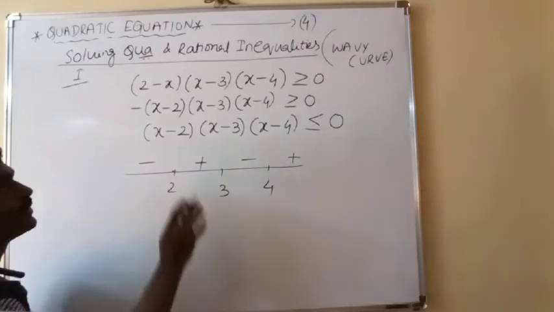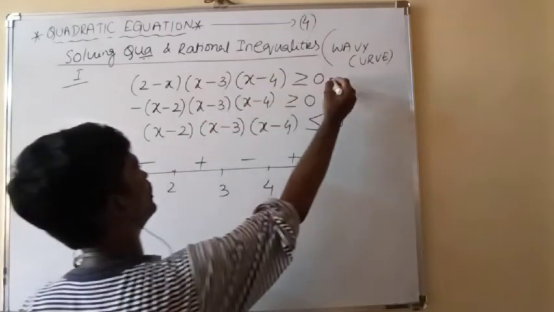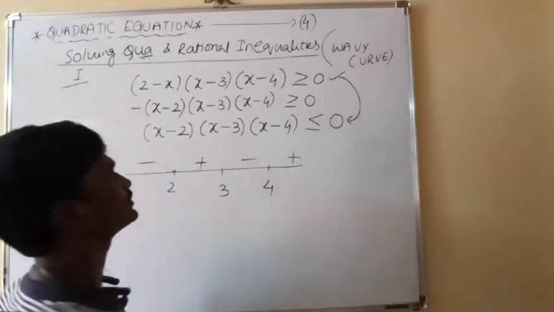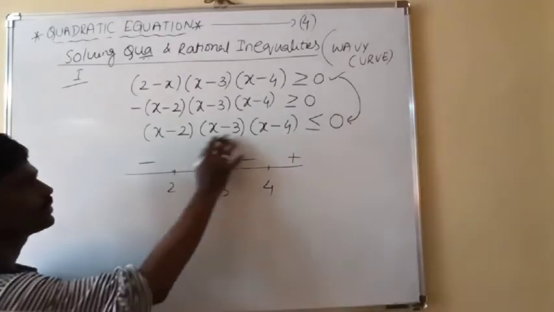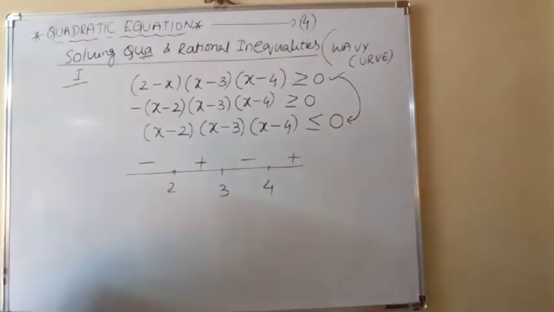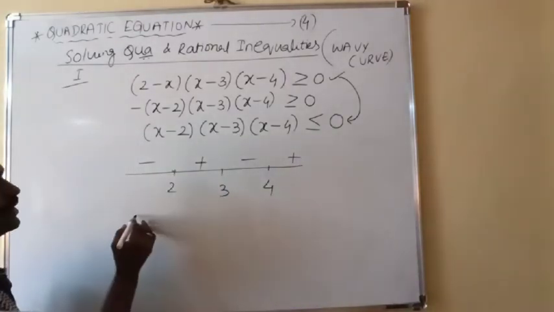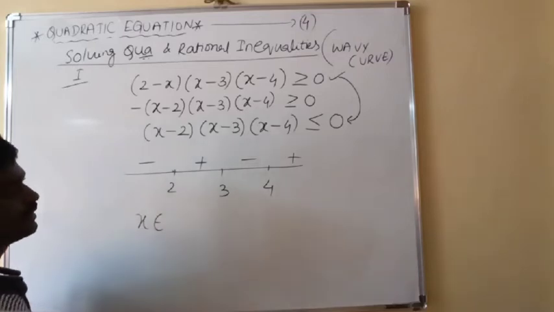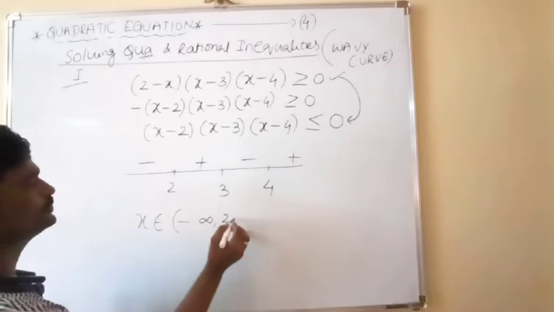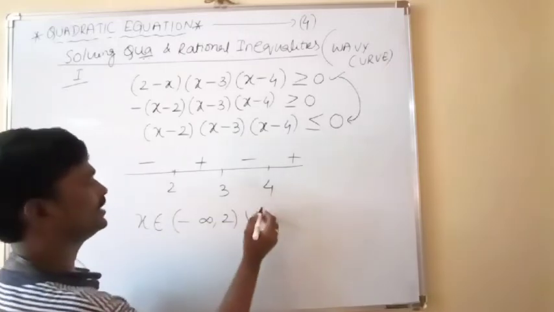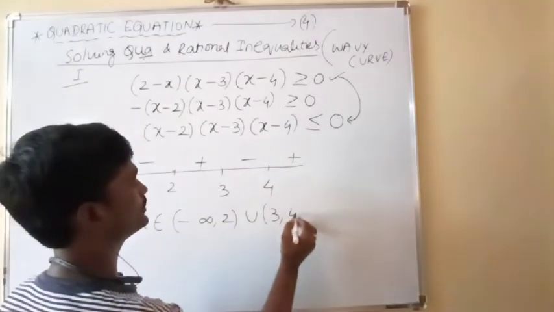We need to find the solution of this inequality, which is the same as the third step. That means we have to find where this product is less than or equal to 0. First find where this product is less than 0. That is when x is less than 2 and when x lies between 3 and 4.